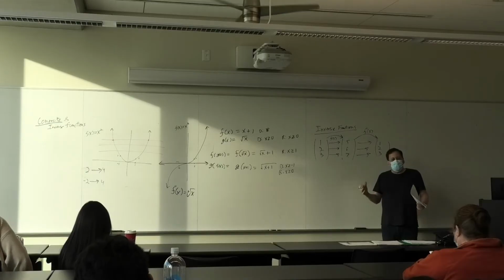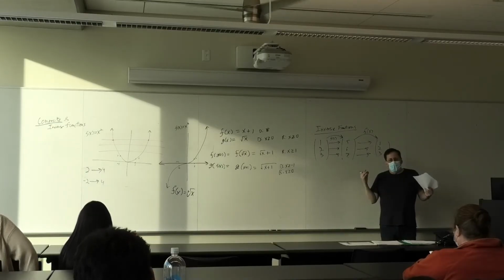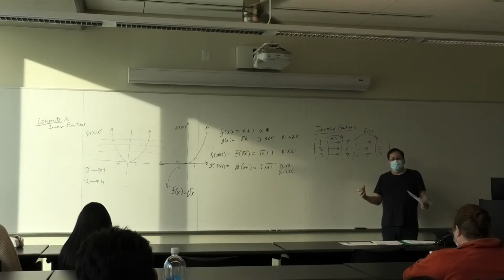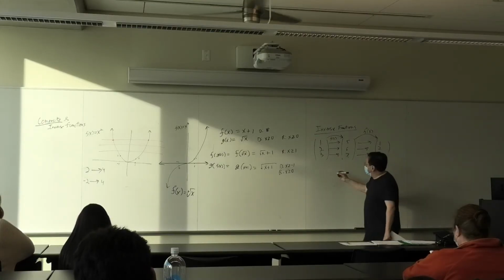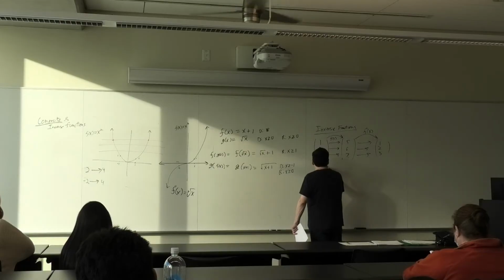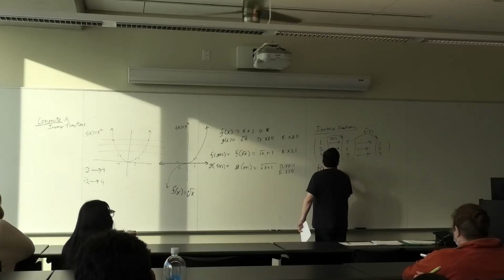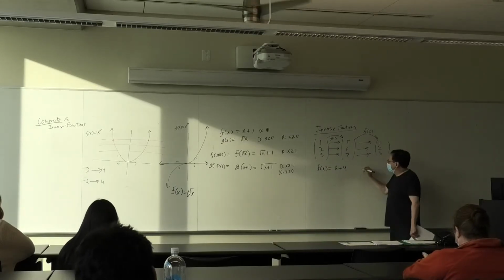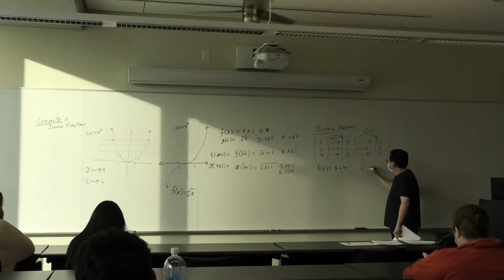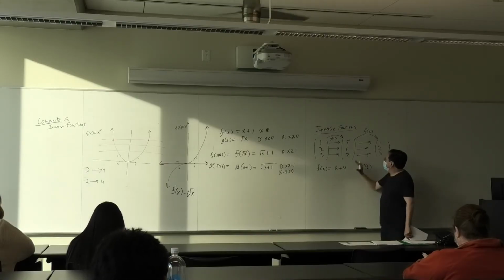Now, sometimes figuring out how to write the math for this is easy. Let's look at this example. F of x equals x plus 4. I want to know how to write the inverse function, the function that takes me back.